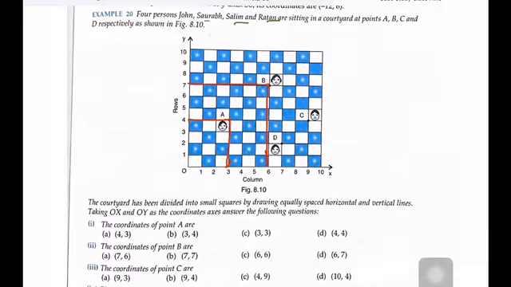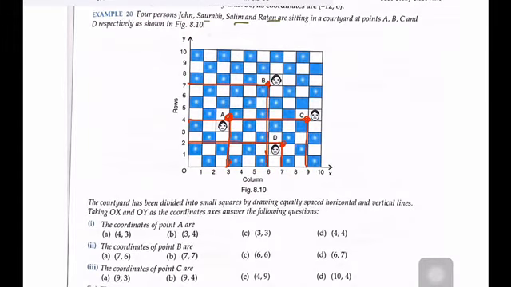Then C is this one, and this one is D. These are the 4 points A, B, C and D.